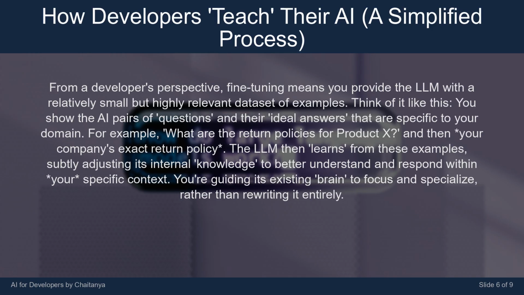And then your company's exact return policy. The LLM then learns from these examples, subtly adjusting its internal knowledge to better understand and respond within your specific context. You're guiding its existing brain to focus and specialize, rather than rewriting it entirely.